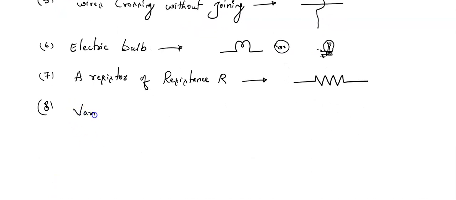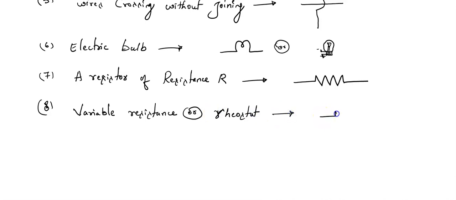And next, a very important symbol, that is variable resistance. Remember, this is important. Variable resistance is also called a rheostat. So this is the symbol of a rheostat, children.